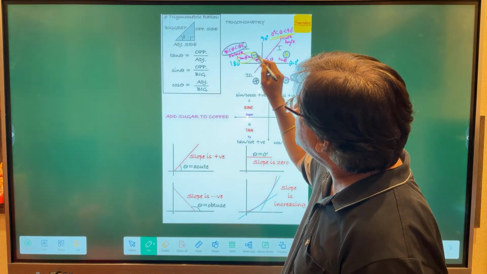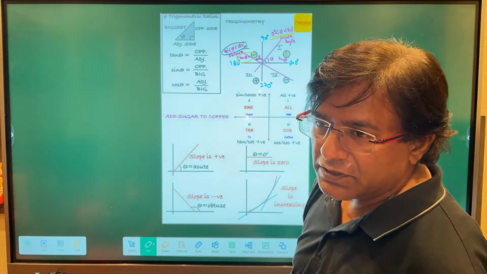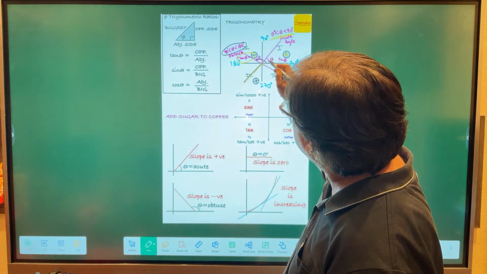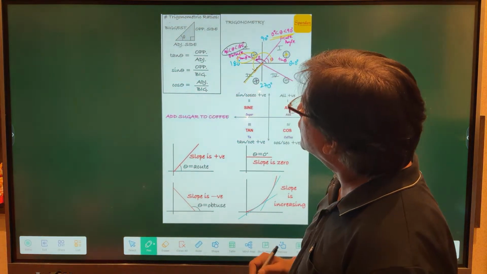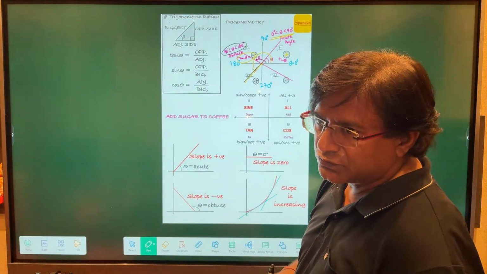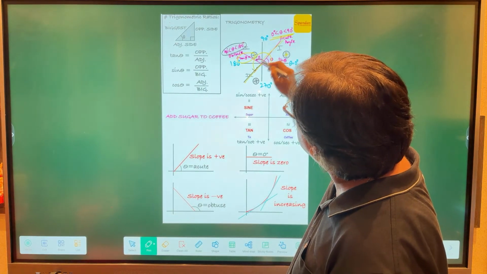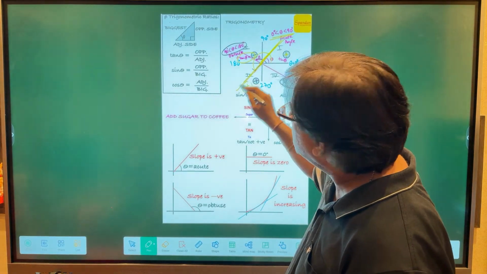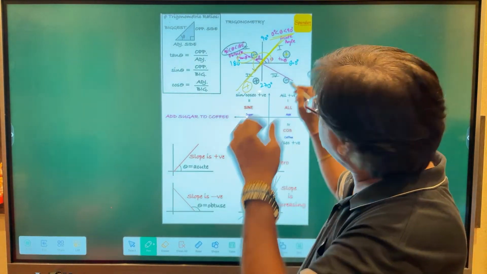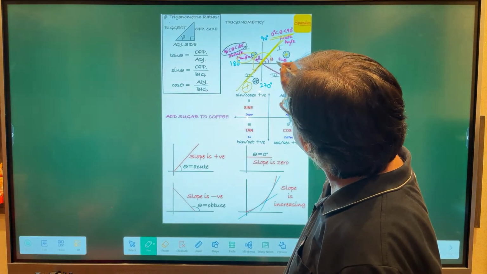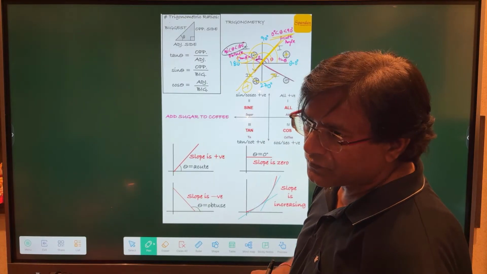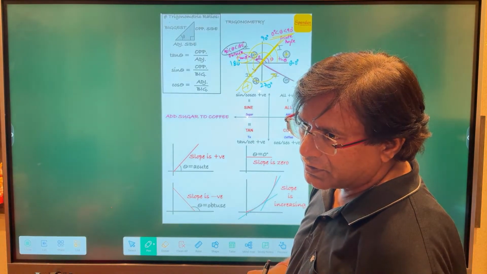Again in the third quadrant, the angle is between 180 and 270, and this is the same straight line going into the third quadrant, so it will again be positive. In the fourth quadrant, the angle is greater than 270 and less than 360.